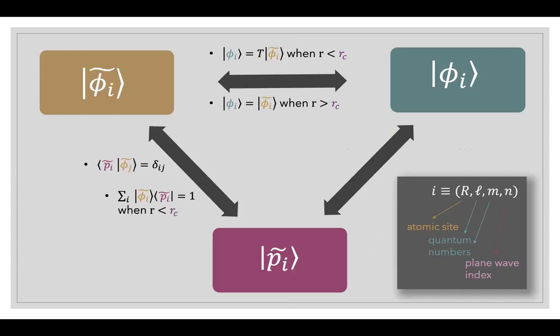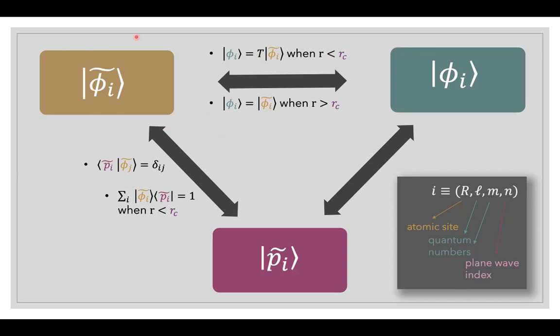Okay, so just to illuminate and make explicit the relation between these three wave functions, I put up a schematic here. Of course, we see that the pseudo basis functions and the all electron basis functions are linked by a transformation operator inside of the augmentation region, but outside the augmentation region, they're identical.